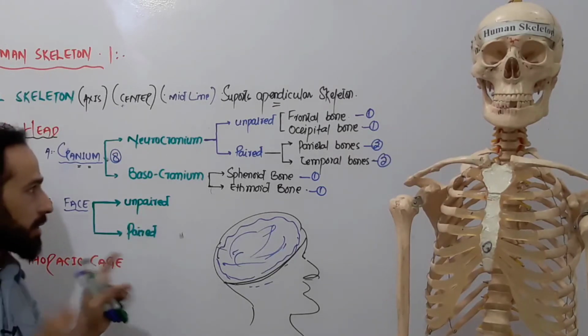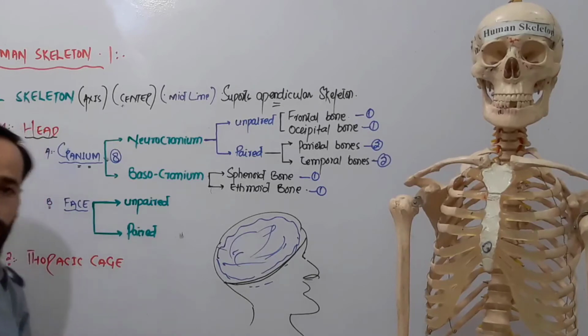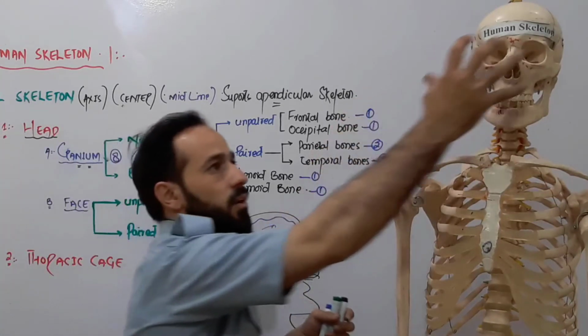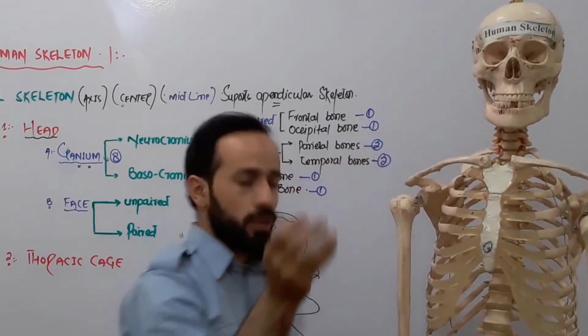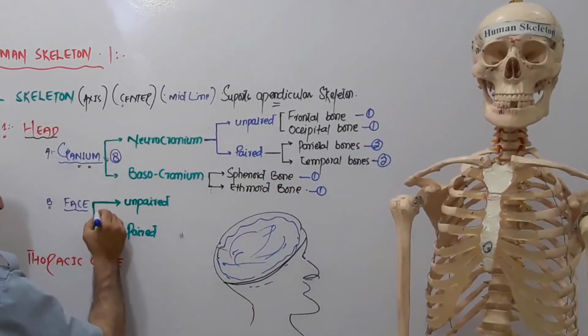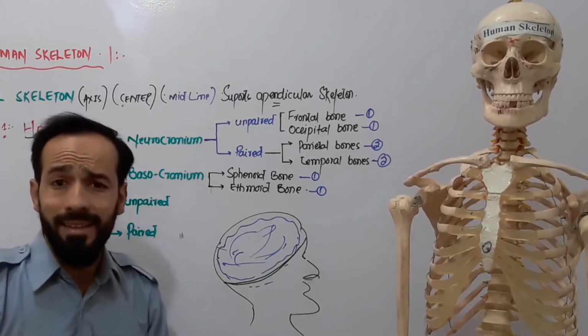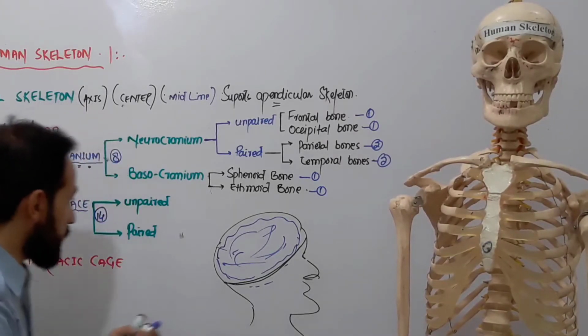From paired and unpaired, what do we mean? I have told you before. Your face comprises about a total of 14 bones. Let me write here total 14 bones. And what are their names? It's so simple. Let us discuss.